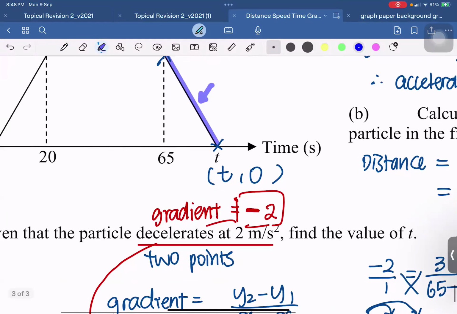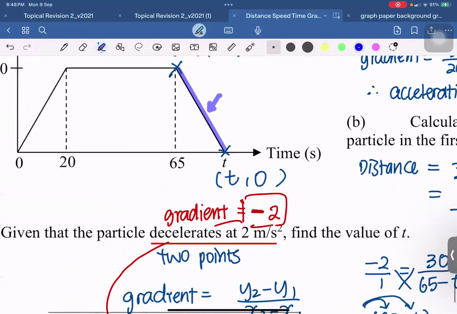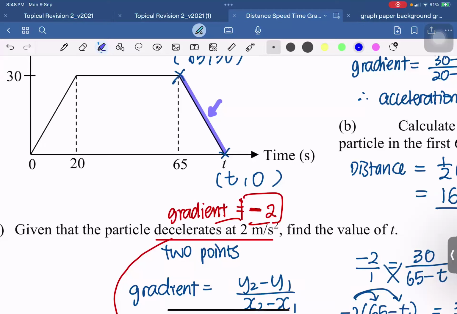If the gradient is going down, is the gradient a positive number or negative number? Negative number. So the negative sign comes from the word decelerate. The acceleration itself is just a number, 2 meters per second squared, but it says decelerate, so it's -2 over here. Can you understand how we get -2 already? Okay, can.